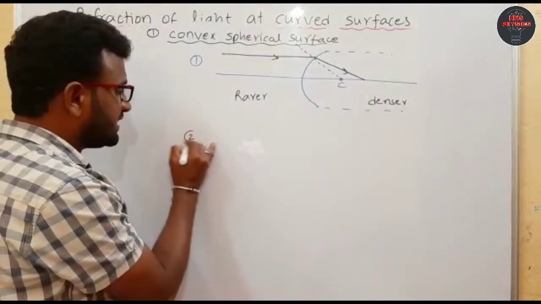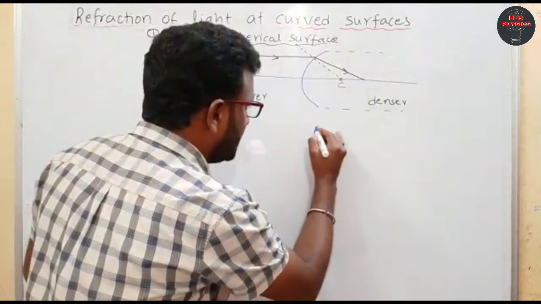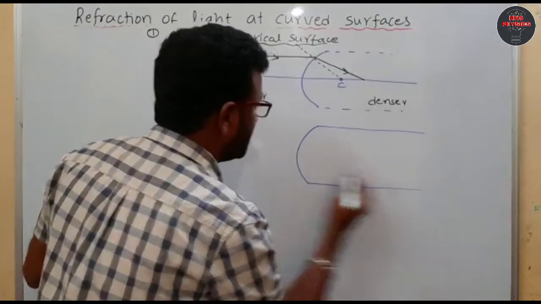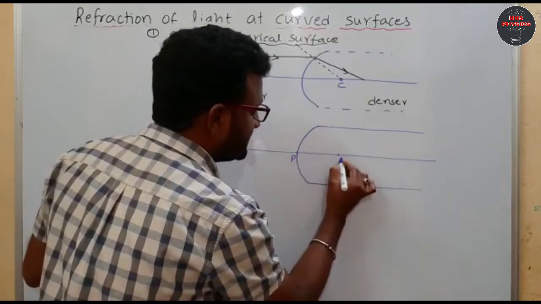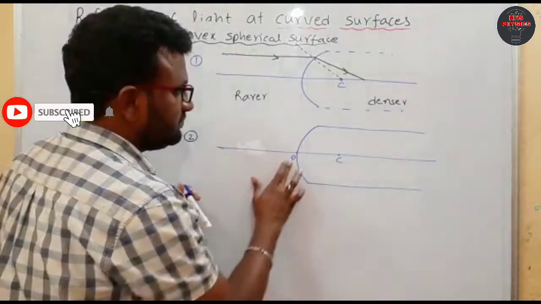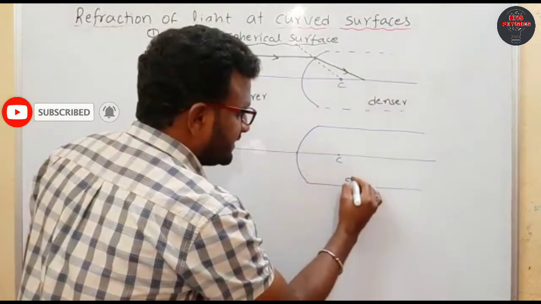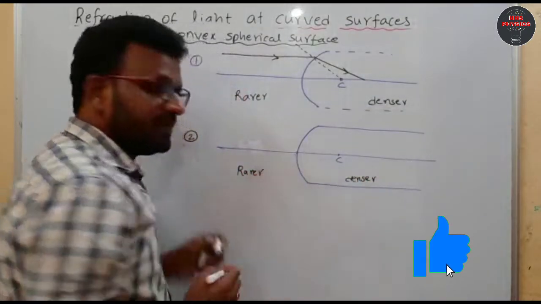Next, come to the second one. Again you can take a convex surface. So the principal axis, this is the center. Again this is the denser and this is the rarer medium.